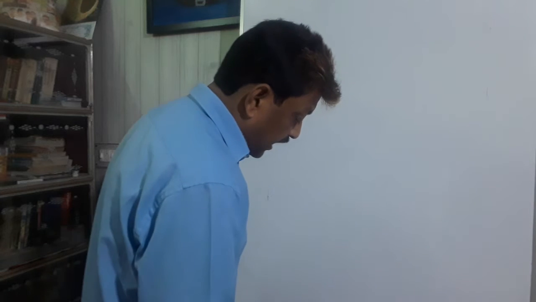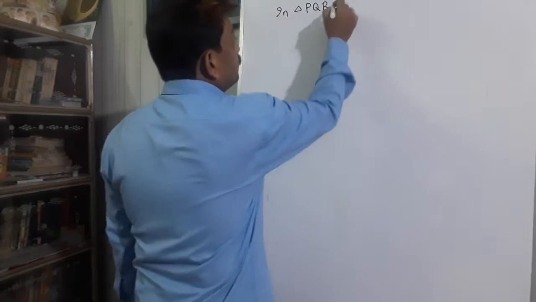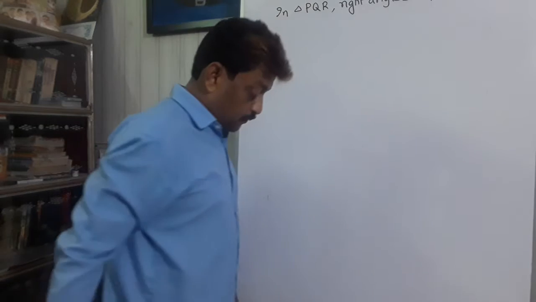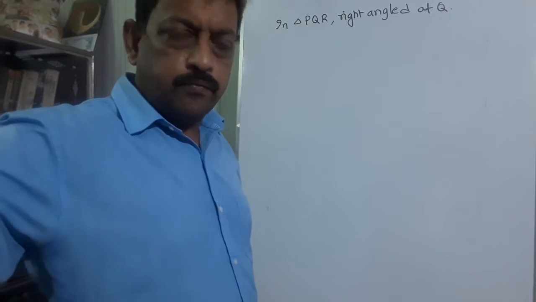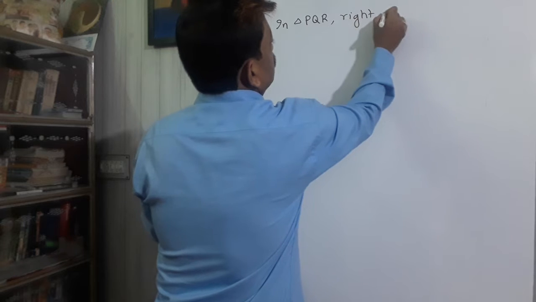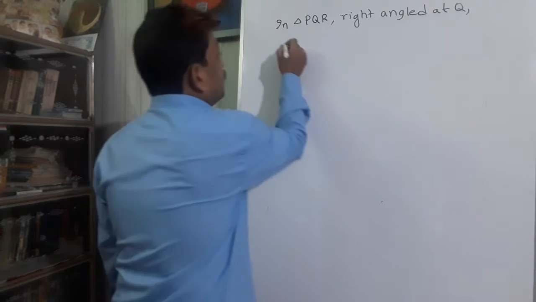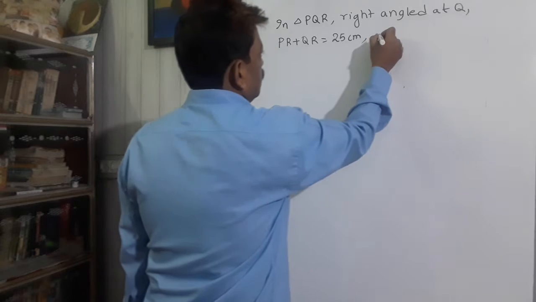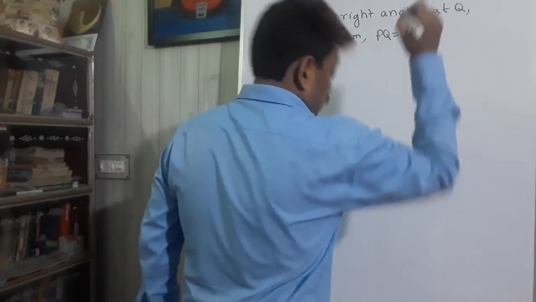The question is, in triangle PQR, right angled at Q, PR plus QR equals to 25 centimeter, PQ equals to 5 centimeter, what we have to find?